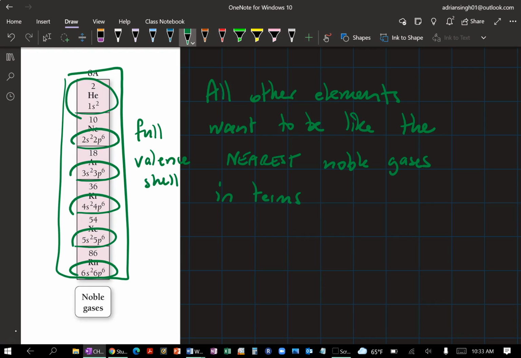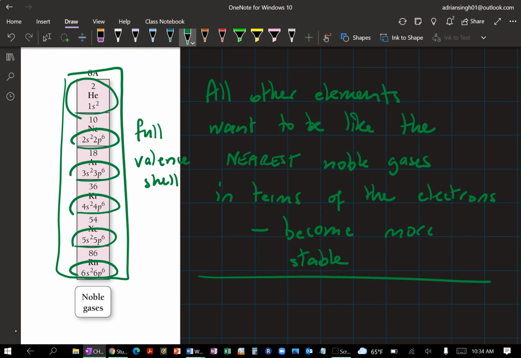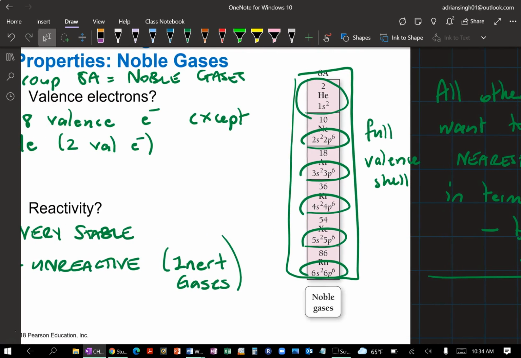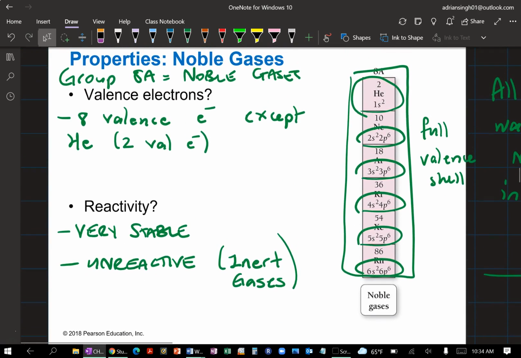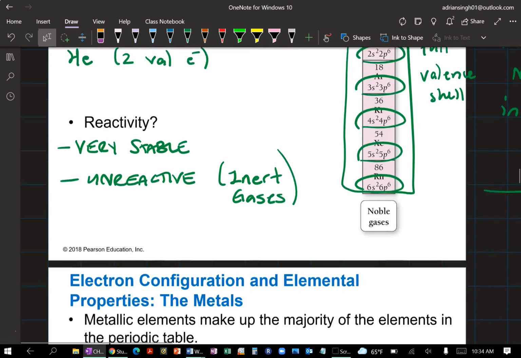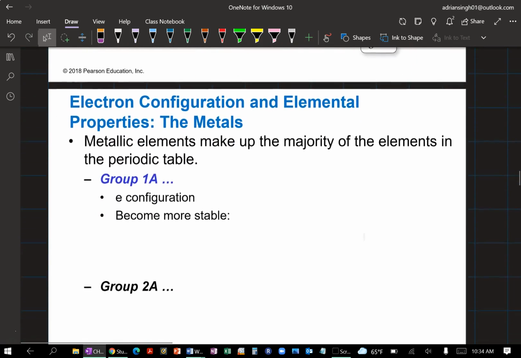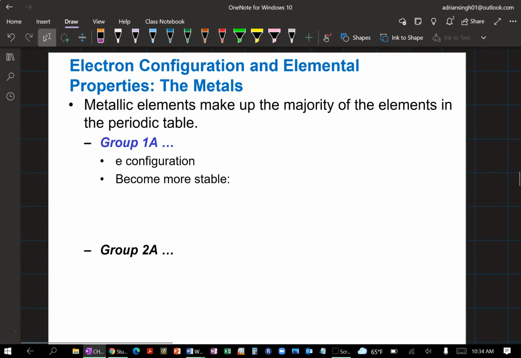That's the important subatomic particle. And the reason is so that they can become more stable. Stability is a driving force for lots of chemical reactions. If you keep that in mind, the rest of this chapter, but also the next chapter, is going to make a lot more sense. All right, so that's the group 8A, the noble gases, their valence electrons, and their reactivity or lack thereof.